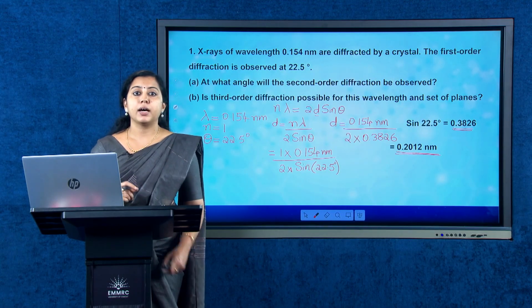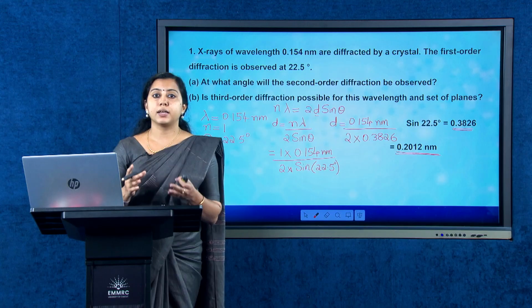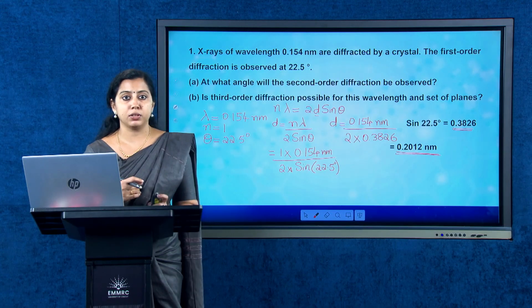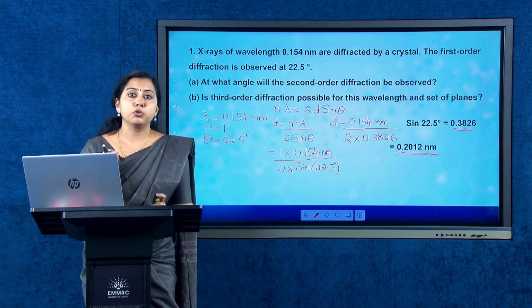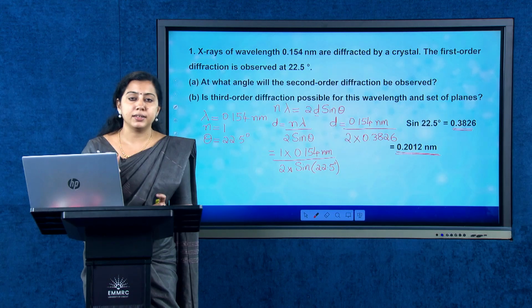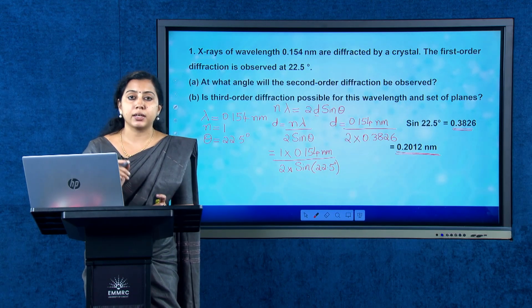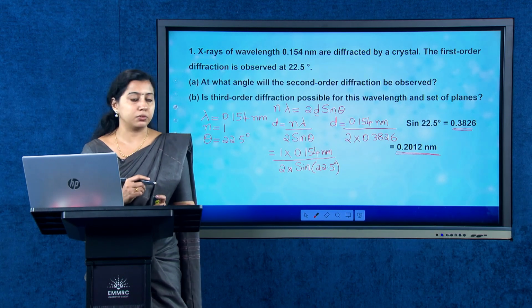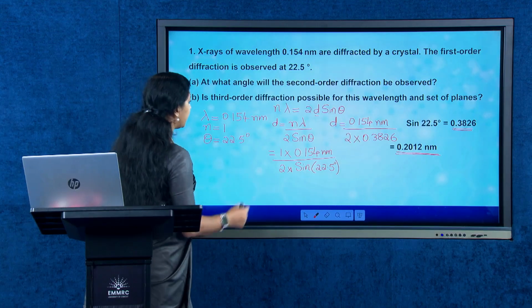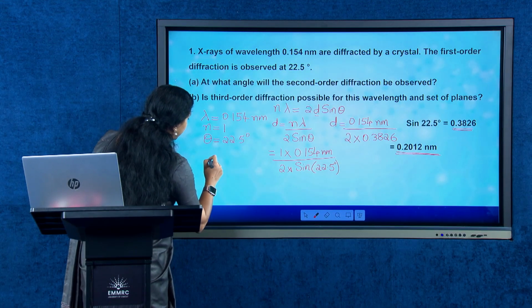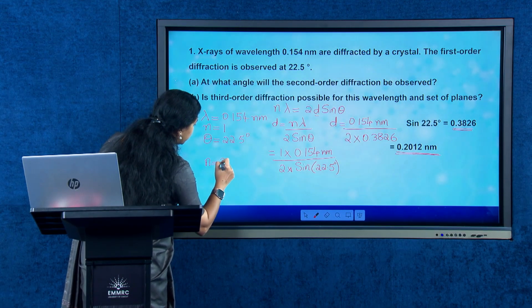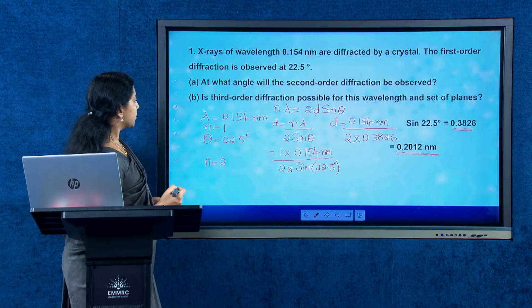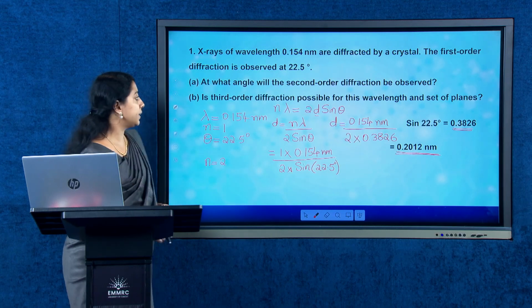Now, we will look at the A part. The question is, at what angle will the second order diffraction be observed? That means, you have to find out the angle theta at which second order diffraction will be observed. So, for second order diffraction, we have n is equal to 2. How will we find out the angle theta?